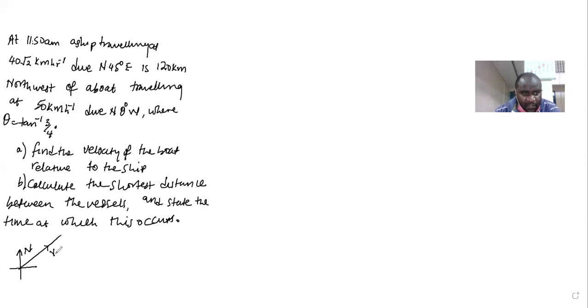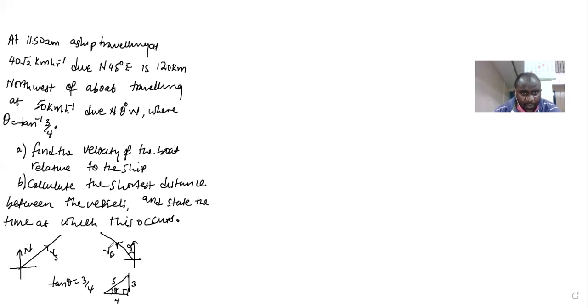So this is the velocity of the ship. Then we have a boat which is traveling north 30 degrees west. So this is theta. This is the velocity of the boat, whereby tan theta we have seen is 3/4, which means that if you resolve, you will have this is 3, this is 4, this is theta, this is 5.